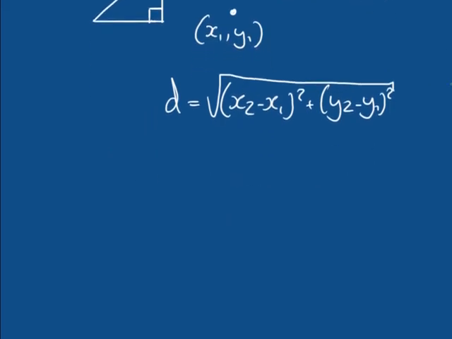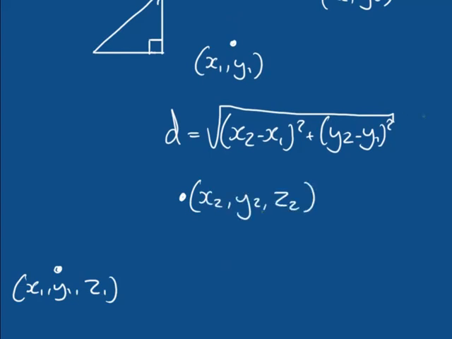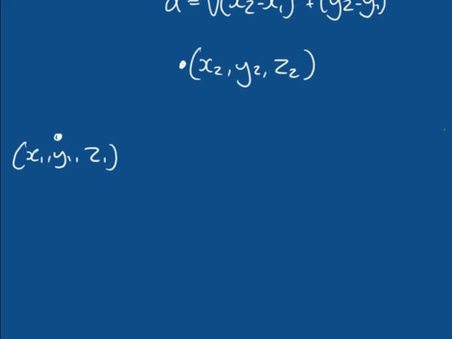We actually extended this to prove how we can find the distance between 2 points in 3D space. So if we had 2 points given by x1, y1, z1, so it is in 3D space, and x2, y2, and z2, we spent quite a lot of time proving this thoroughly.